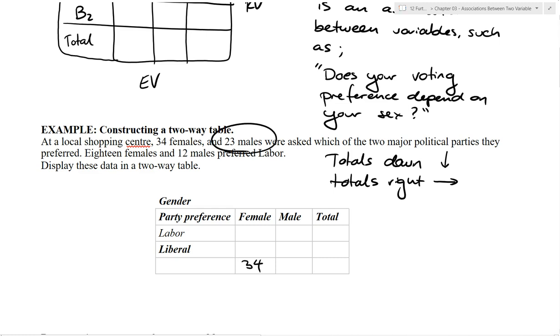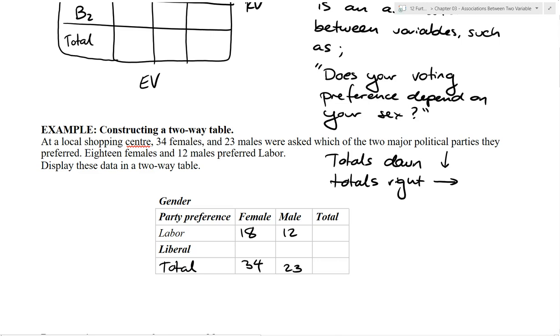And if they surveyed 23 males, that's got to go down here in the bottom box for total. Now the table is missing this word total down here. It also tells us that 18 females preferred Labour. So in Labour for females, we put 18. And 12 males rather, preferred Labour. So 12 there.